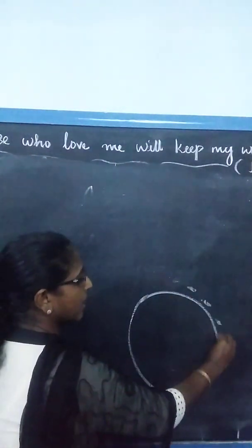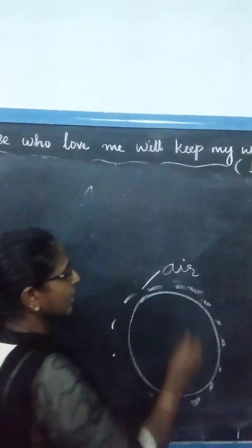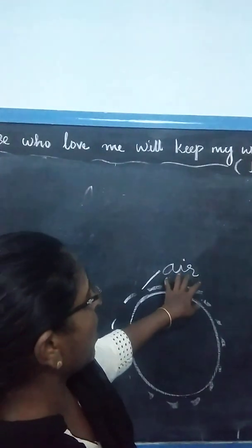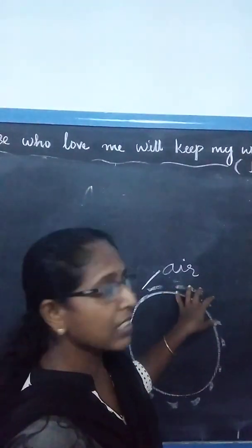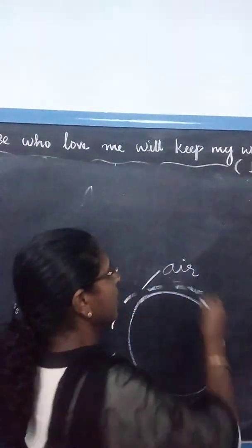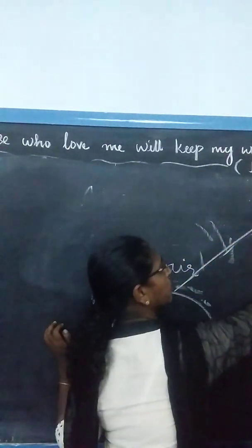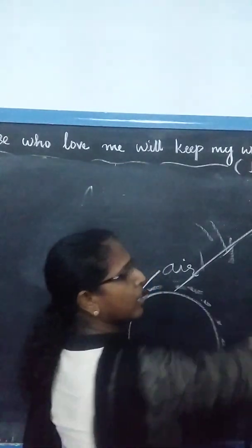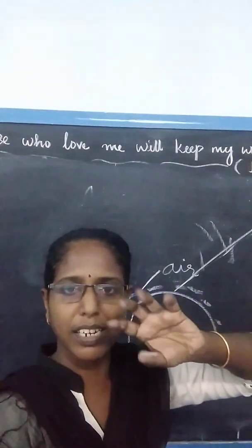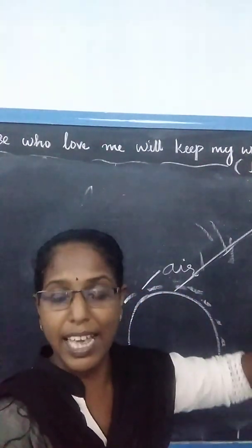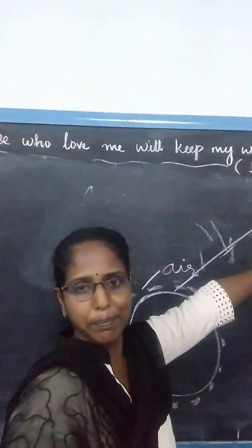What is there around the Earth? There is air. If we move far away from the surface of the earth, about 200 kilometers away, the layer of air starts to disappear.